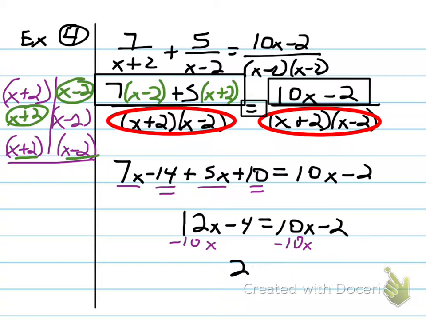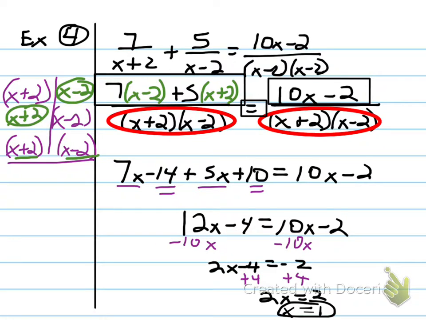Let me write this better, excuse me. And then I'll zero out the negative 4 by adding 4 to both sides. As it doesn't have x, I get 2x equals 2. And when I divide by 2 on both sides, I get x equals 1.